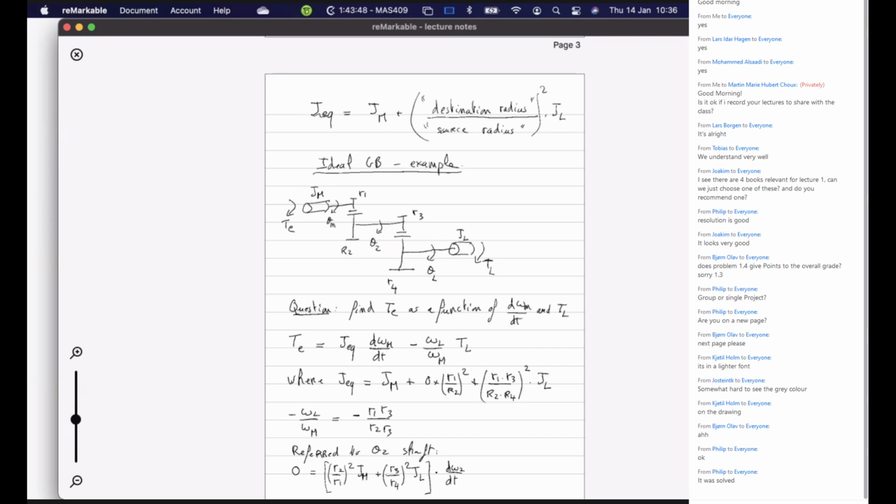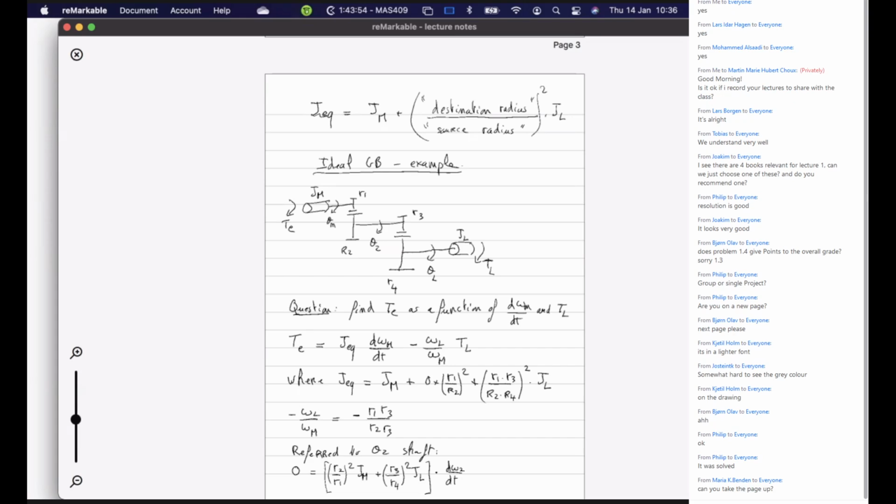because omega M and omega 2 are turning in opposite directions, so the minus of omega divided by omega becomes a plus. So it will be plus R2 divided by R1 TE. And the same for the other side, plus destination is R3 divided by R4 TL.